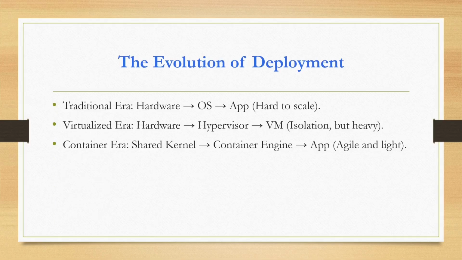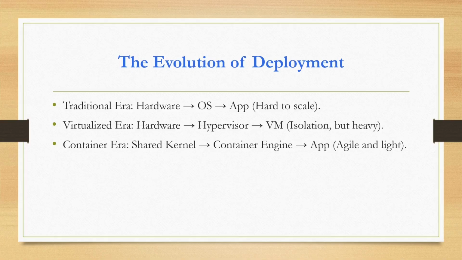Now, the evolution of deployment. Traditionally, we were installing the operating system directly on our servers. There is bare metal hardware, like servers from OEMs such as HP, Lenovo, IBM, and Dell. Then we install an enterprise operating system over that, like RHEL or Windows Server, or any other of your choice.